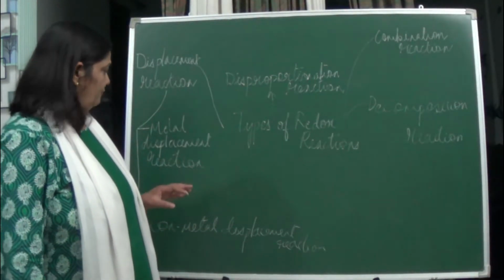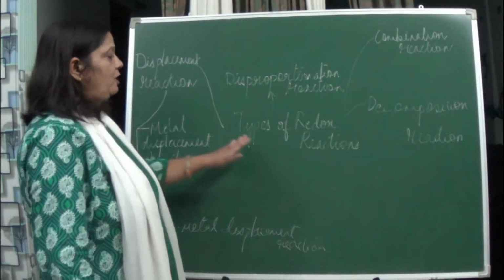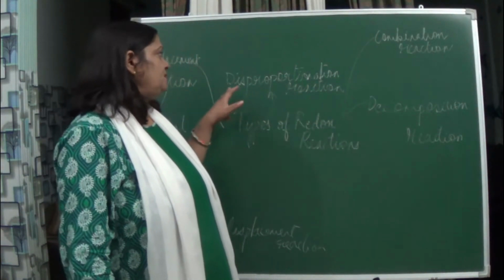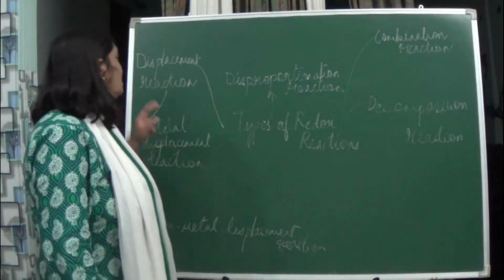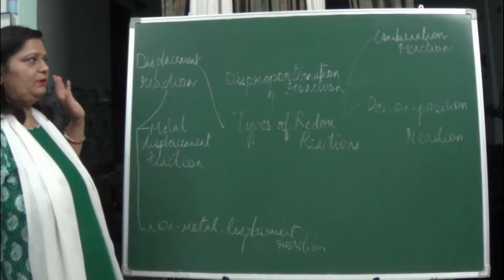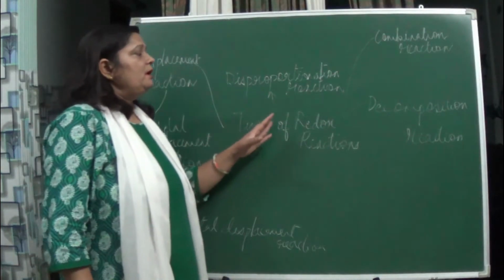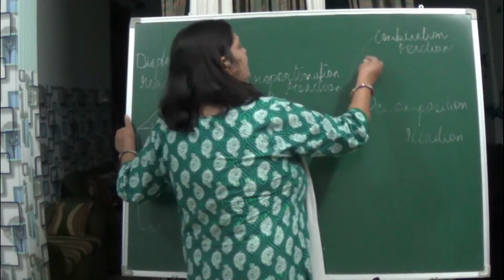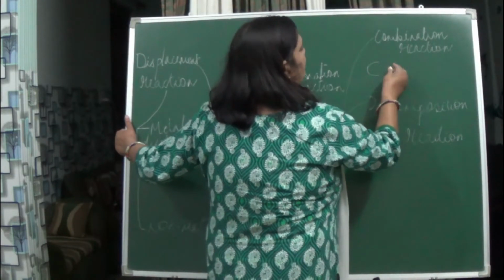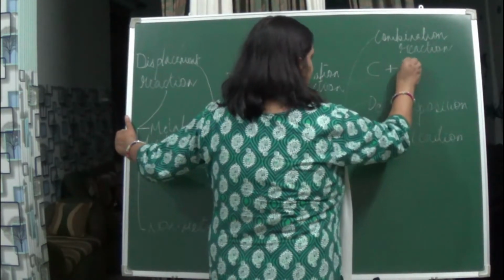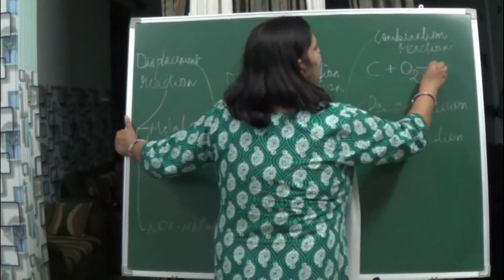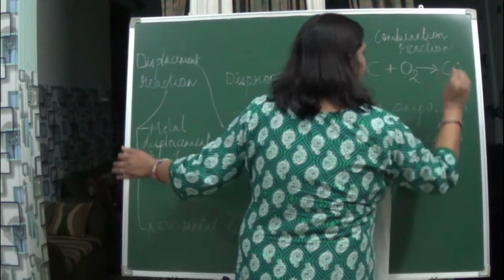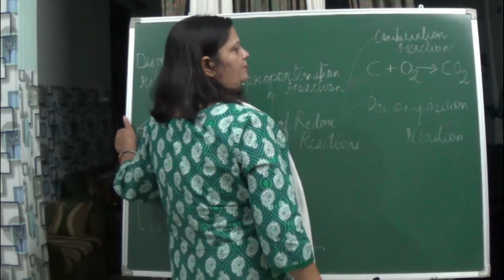Types of redox reactions can be a combination reaction, a decomposition reaction, a disproportionation reaction, or a displacement reaction. When we talk about the combination reaction, if we see carbon plus oxygen, it gives CO2. Take out the oxidation numbers.